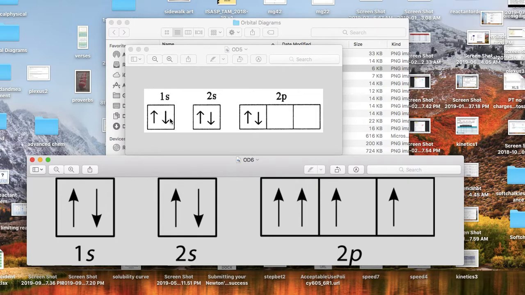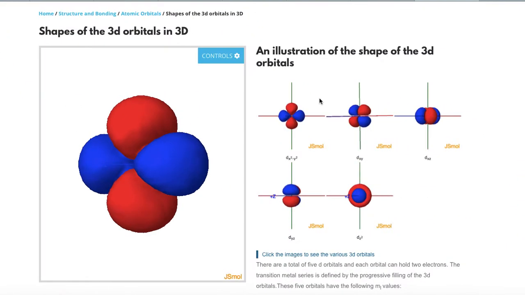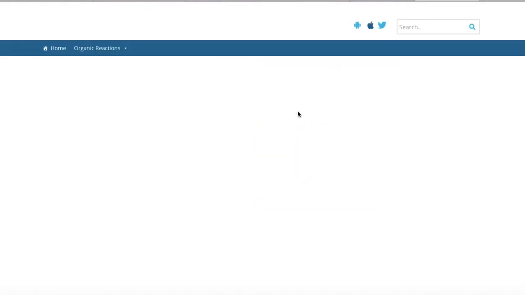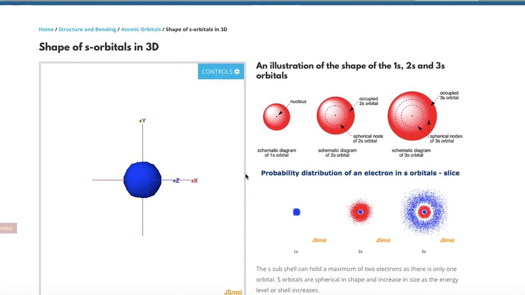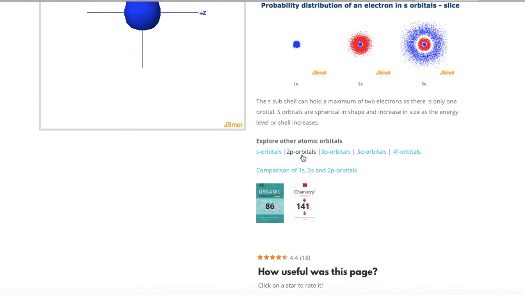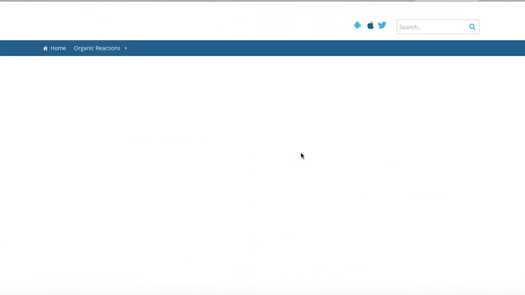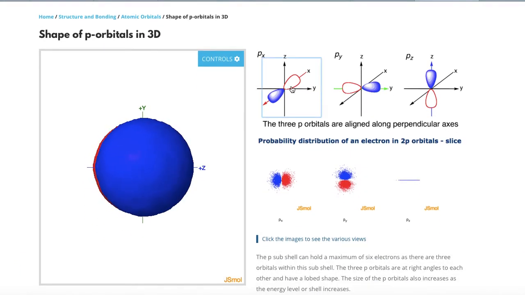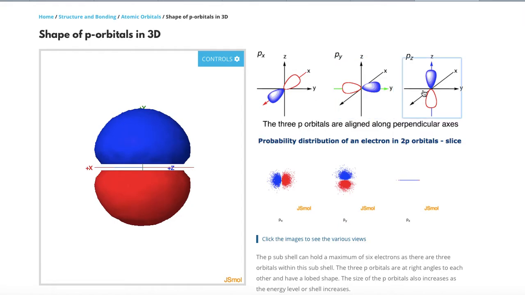Take a look up here. You filled the 2 and the 1S, filled 2 and 2S, and we got to 2P, and there are 3 orbitals in P. Okay, so remember, when we looked at 2P, you had 3 different p orbitals.